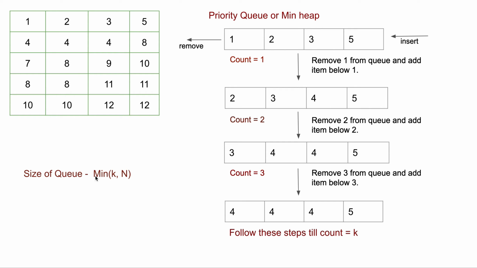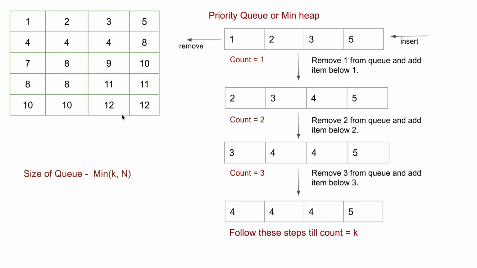Whereas if you have to find, say, the 10th smallest, then your k becomes larger than n. In that case the size of your queue will be equal to 4, the number of columns in your matrix.